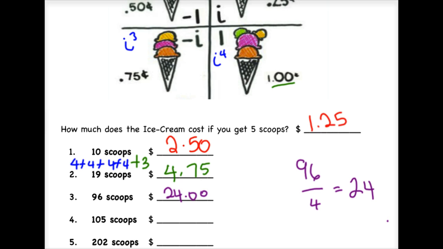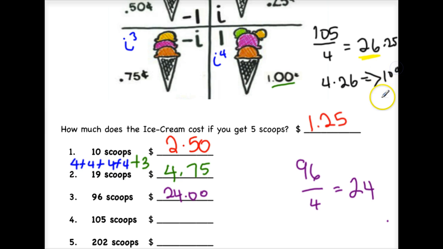So I'm at 105 scoops. At 105, how many 4s are in 105? If you do this on the calculator, you will see it say 26.25. Now what I want to do is take the whole number, which is 26, and multiply it by 4. So I will get 4 times 26, which will give me 104.